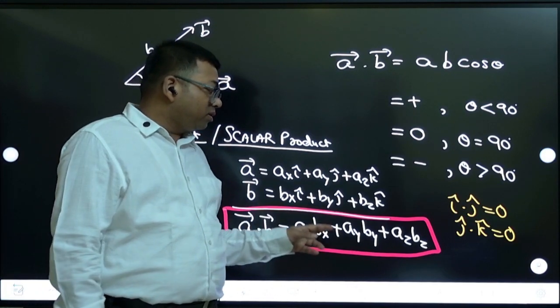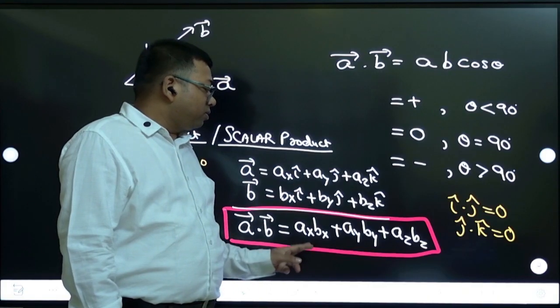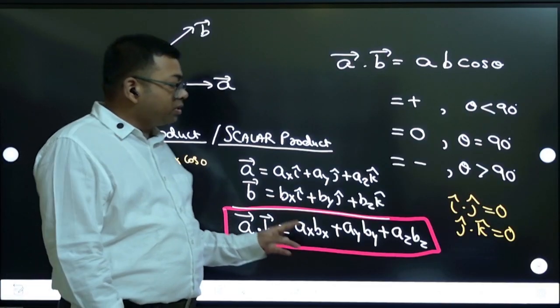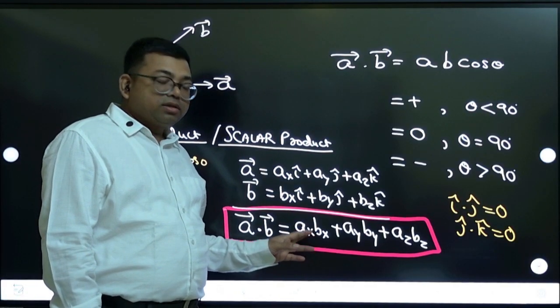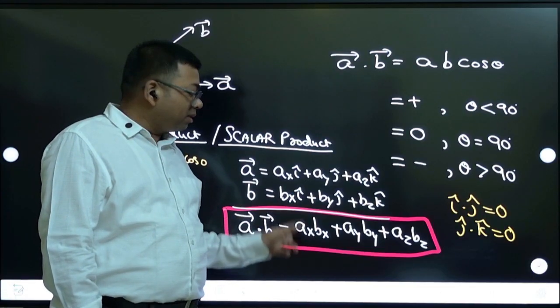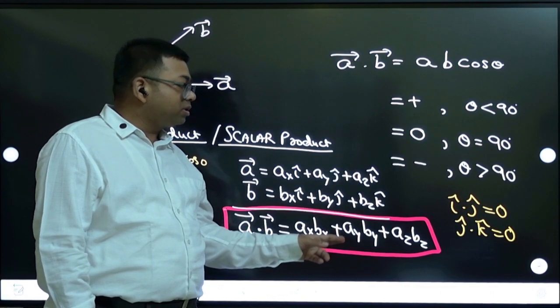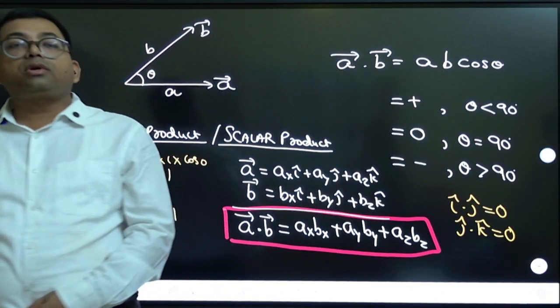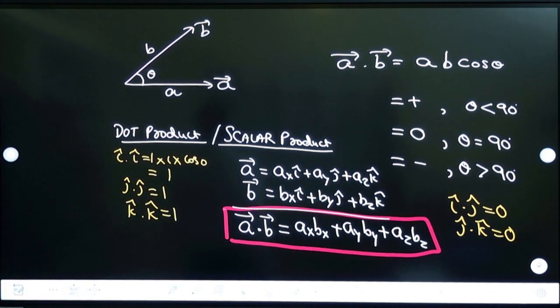So when you take dot product, similar components just get multiplied, the i components, j components, k components, and you have to add them. That's the result.